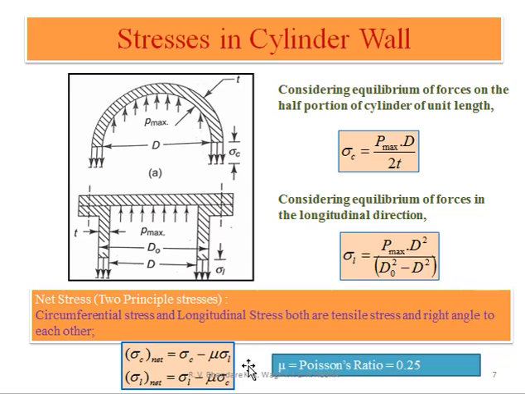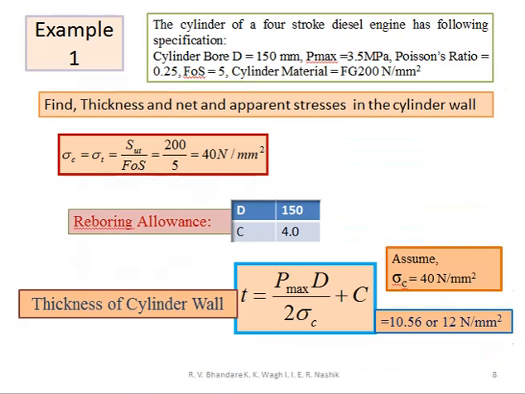Again the net stress along the longitudinal direction is sigma L minus mu into sigma C. From these two correlations we can easily calculate the net values. Now we see an example.